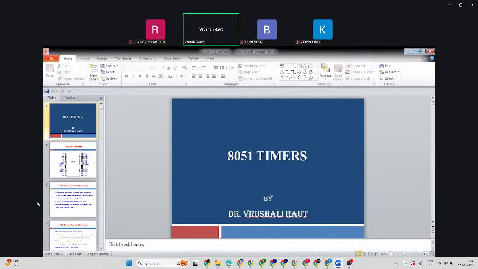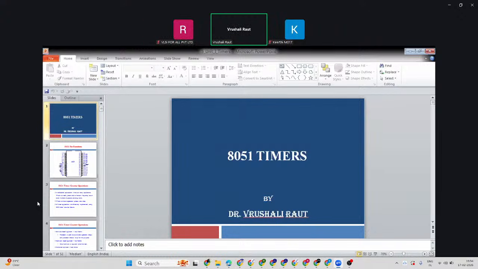Timer means internally we are setting the time, and after some time we are asking for some indication. And what do we mean by counter? Counter means on some input pin we are asking for external events, and how many events are happening, we count inside. That is called a counter. Did you understand the difference between timer and counter?